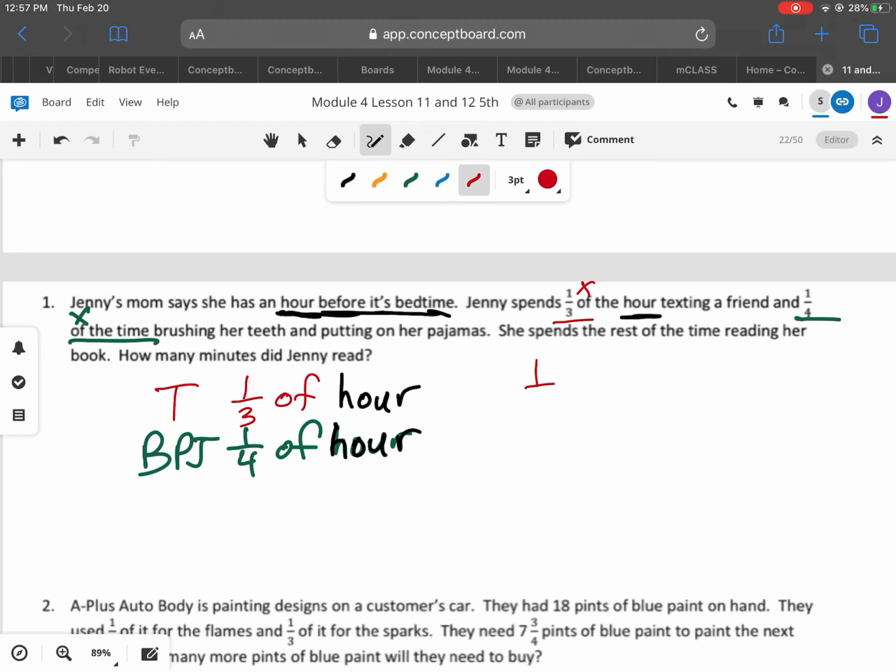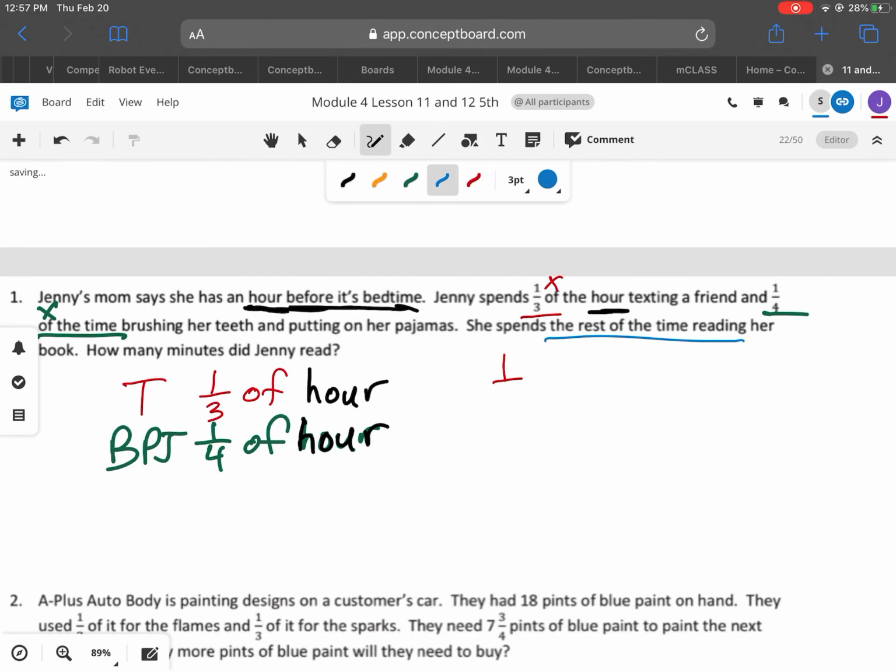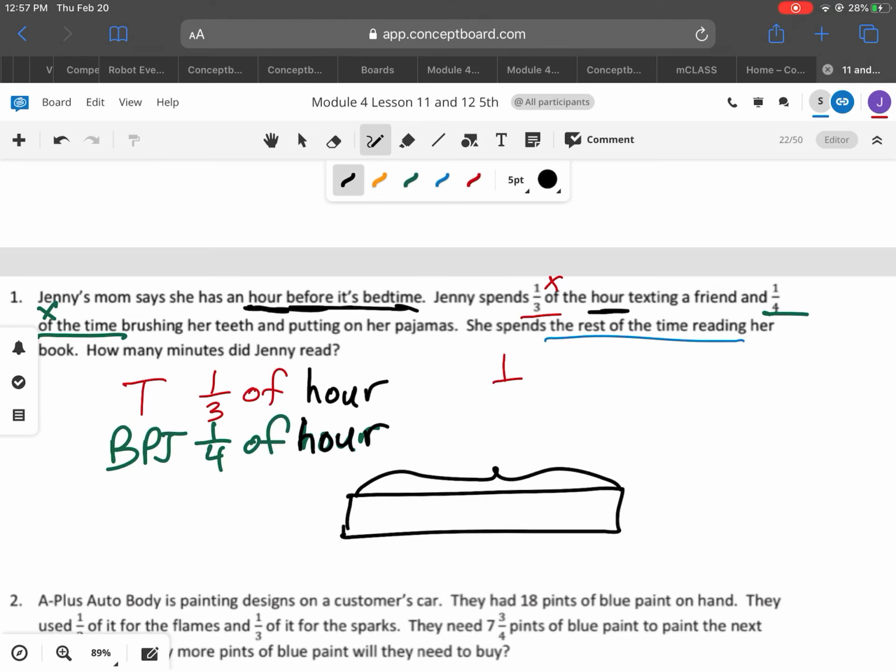All right, so we're going to start off with 1/3. And it says she spent the rest of the time reading. So our whole hour is going to be the big. And what is 1 hour?